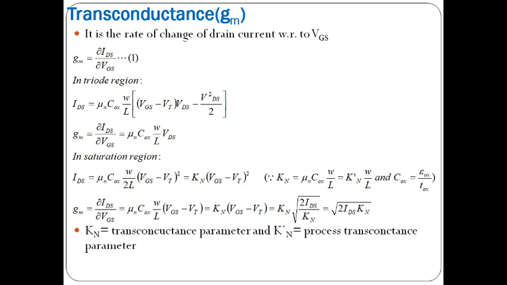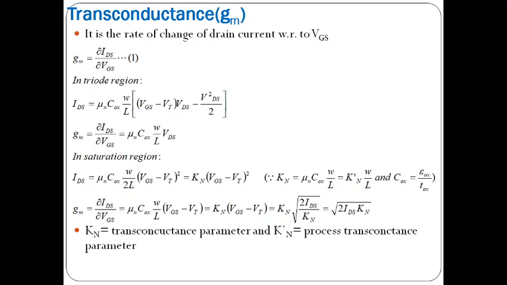Same in saturation region, we know IDS equals to mu n Cox by 2 W by L (VGS minus VT) whole square. So here we are writing the transconductance parameter Kn equals to mu n Cox W by L. This is also called the transconductance parameter or device parameter, and sometimes mu n Cox is also called the process transconductance parameter or process parameter.